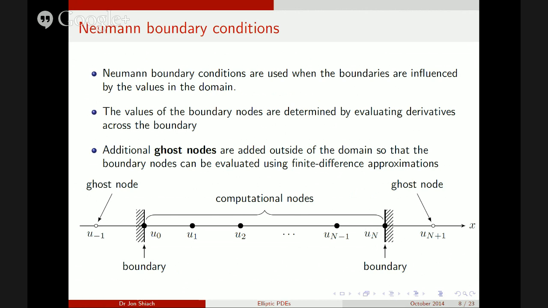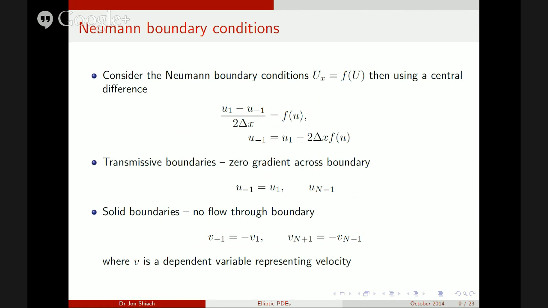Okay, so I'm going to talk in general terms to start with. Let's say we have a first order derivative across our boundary equal to some function f of u. We can approximate that using finite difference, second order central difference. Remember, we're looking at the derivative across the U0 node.